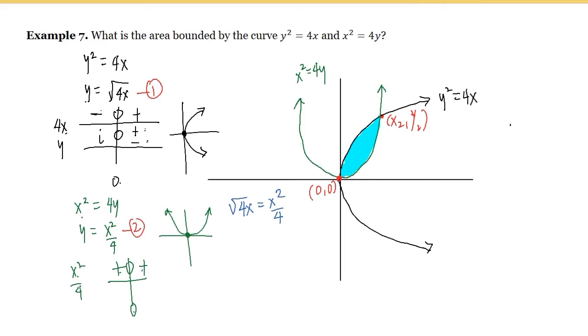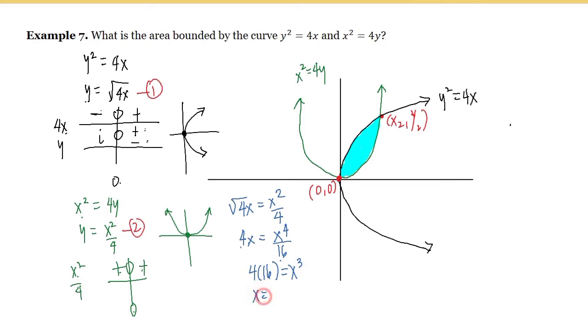So, square natin both sides, magkakaroon tayo ng 4x is equal to x to the 4th over 16. We have to divide everything by x, diba? Tapos ito, akyat na natin sa taas. So, magkakaroon tayo ng 4 times 16. Tapos, since magde-divide tayo ng x, hindi x cube na lang to.